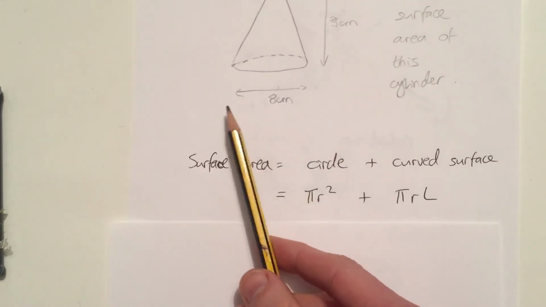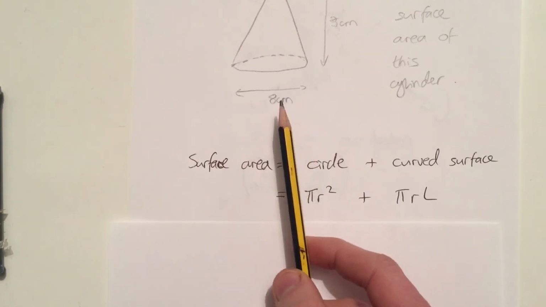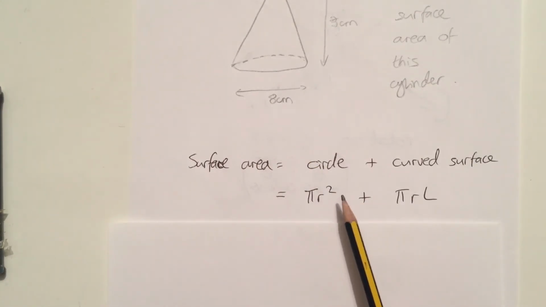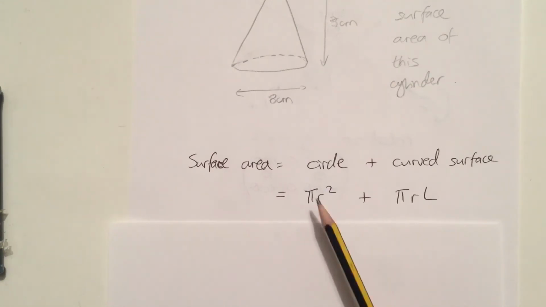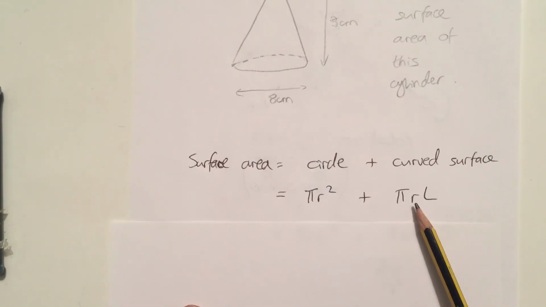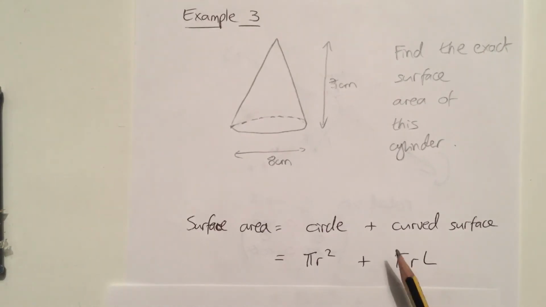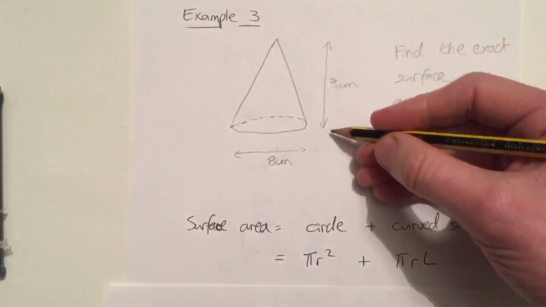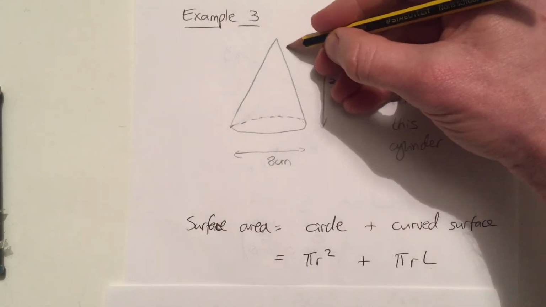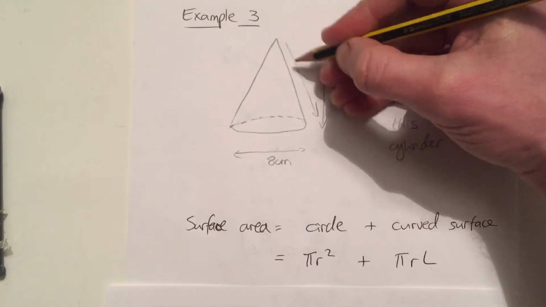Now, if the diameter here is 8, then the radius is going to be 4. So I know this is going to be pi times 4 squared. So that's easy enough. This, however, is a little bit trickier because notice I've not been given L. I've been given the perpendicular height here. I haven't been given the L that I need.